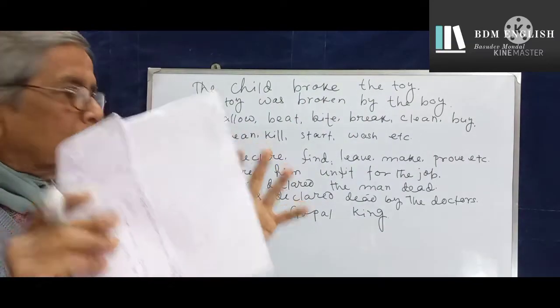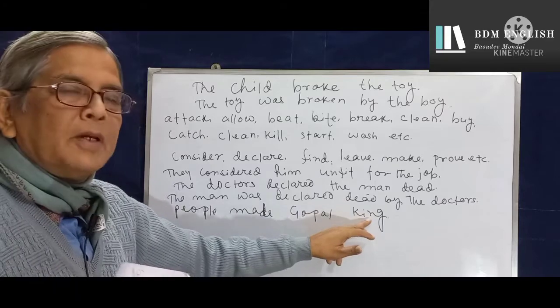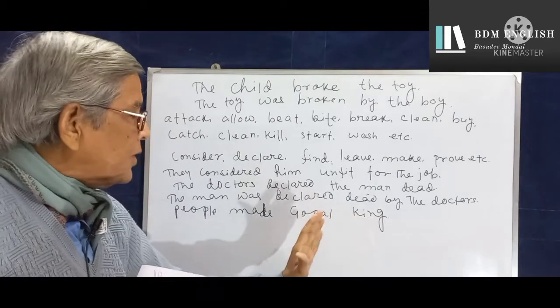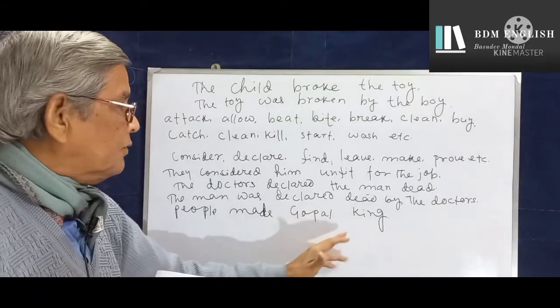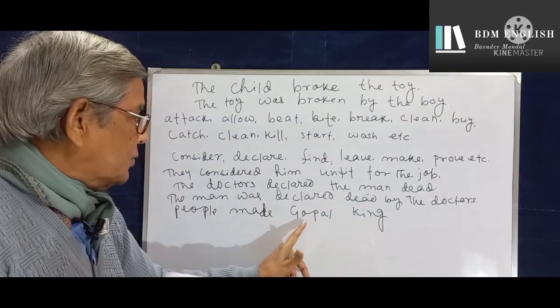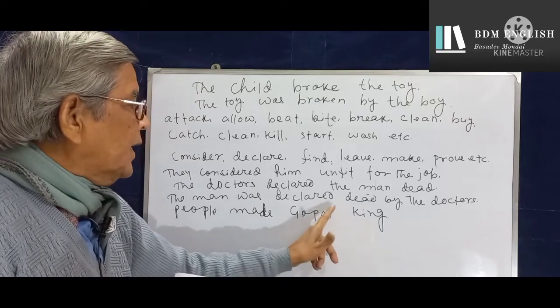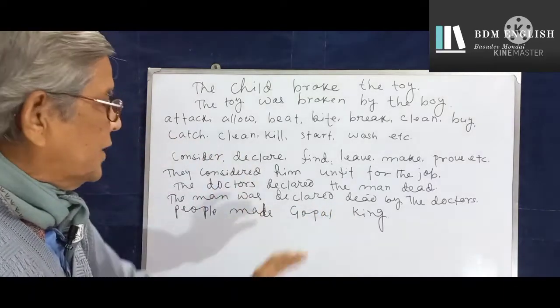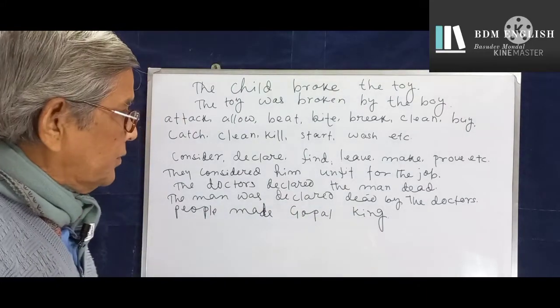If we look at the person, we will see Gopal, and people made him king. So the same person, the king here is Gopal. Therefore, the two nouns, the proper noun Gopal and the common noun king, refer to the same person, and that is Gopal. Therefore, king here is also a complement.